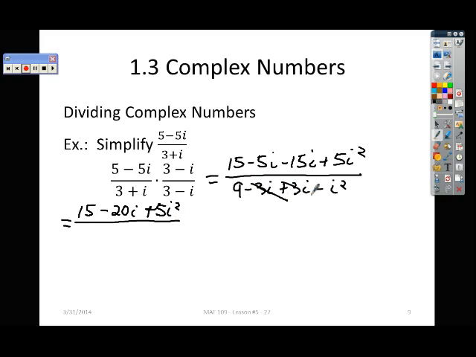Those cancel, don't they? That's why we multiply by the conjugate, because those two middle terms will always cancel when you multiply a complex number times its conjugate. In other words, we're going to cancel out these terms that have i, and we're just left with the real number and i squared. But i squared, we can substitute minus 1 in there, right?